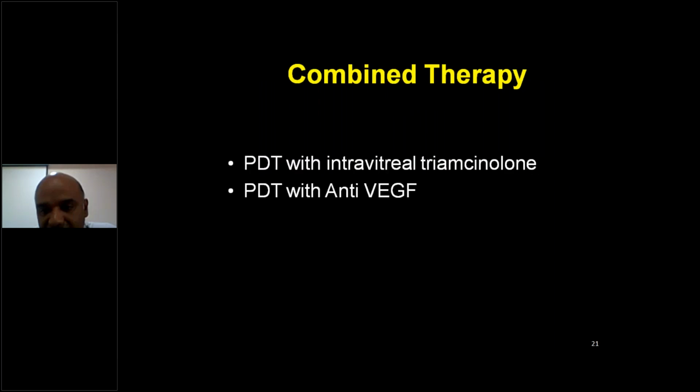Sometimes you can also combine these two therapies, PDT with intravitreal triamcinolone or PDT with anti-VEGFs. The basic concept is that anti-VEGFs decrease neovascularization, and PDT is nothing but the dye which is injected. It goes and damages the new vessel specifically when the laser energy is hit onto it.